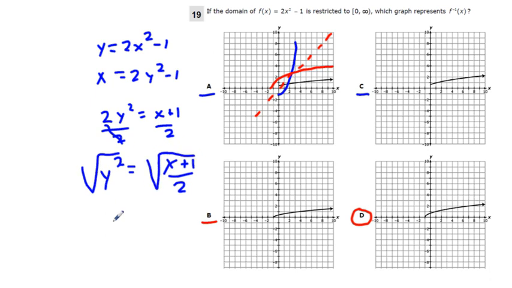Well, we're going to have plus or minus square roots. We're going to have y equals plus square root of x plus 1 over 2. And you're going to get the answer choice we talked about, D. And then f negative 1 of x, right?